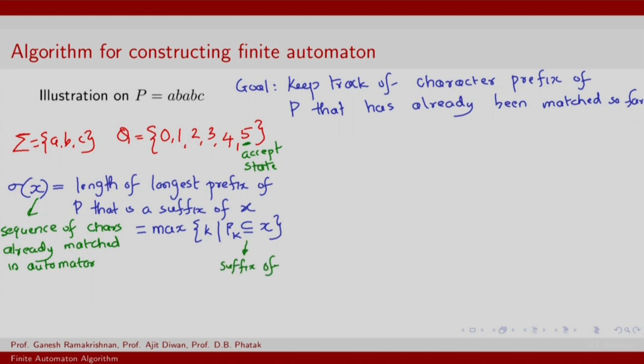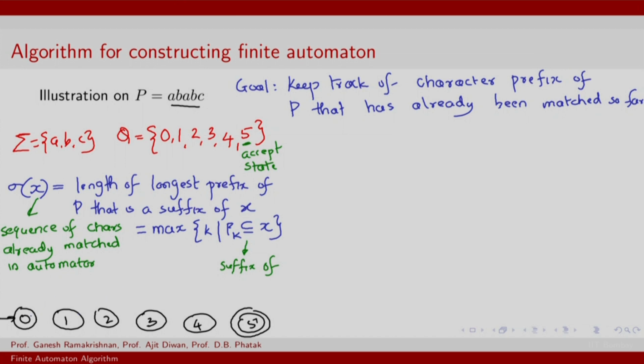Now, let us try and see what this would mean for our sample pattern ABABC. So, I am going to start with my states 0, 1, 2, 3, 4 and 5, 5 being the accept, 0 being the input, and I need to now identify where my arrows should be going.